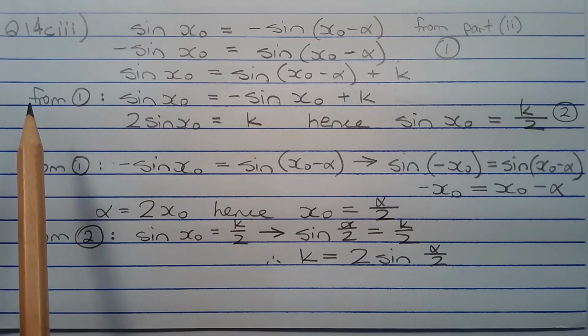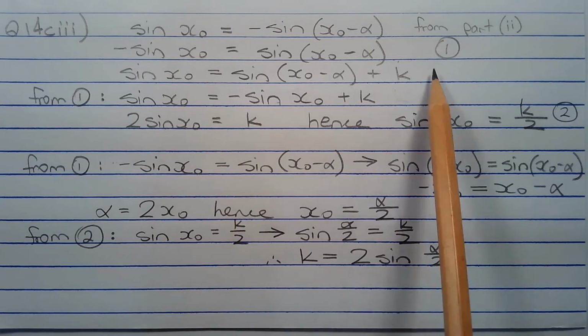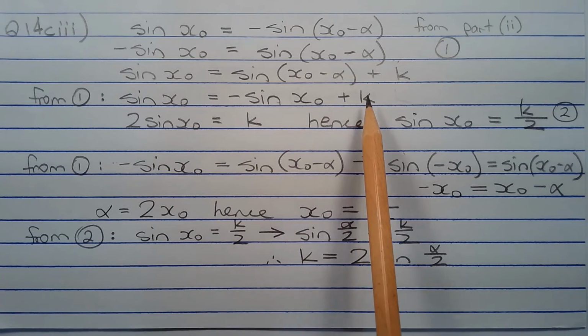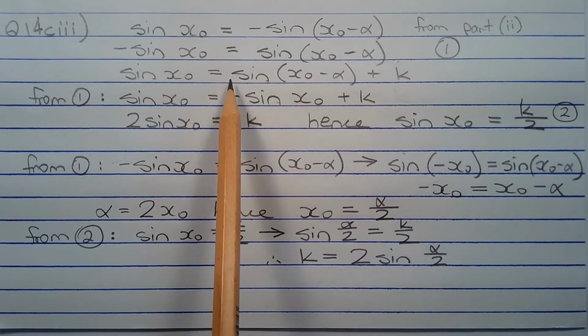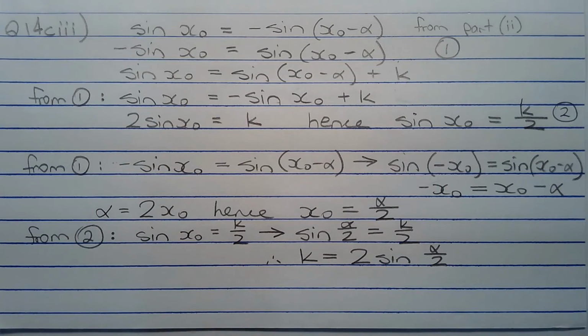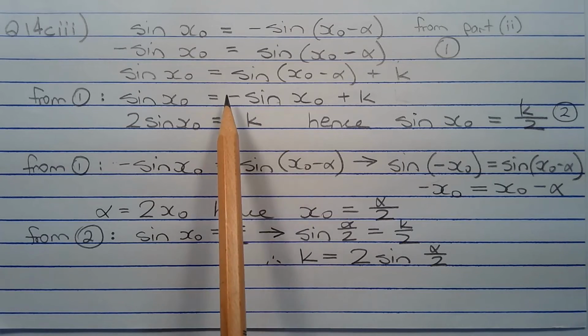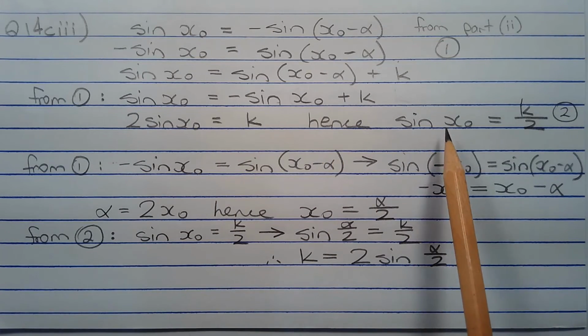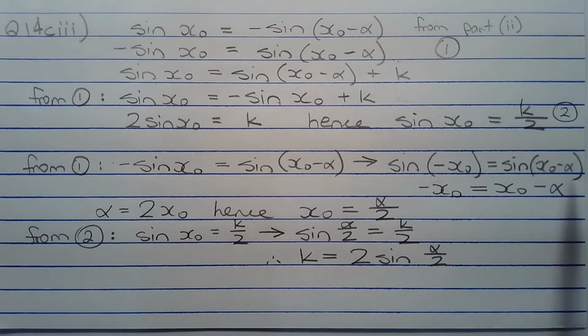So from equation 1, we can rewrite this as sin x0 equals negative sin x0 plus k. Adding sin x0 to both sides, we get 2 sin x0 equals k. Dividing both sides by 2, sin x0 is equal to k over 2. We call this equation number 2.